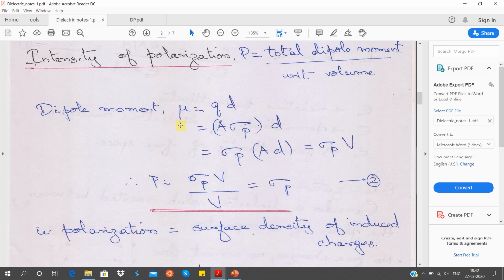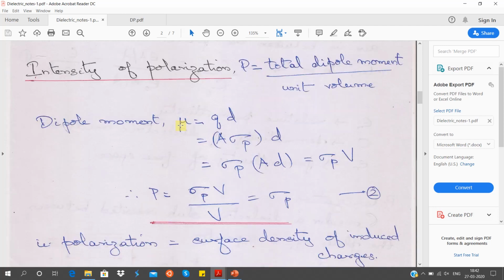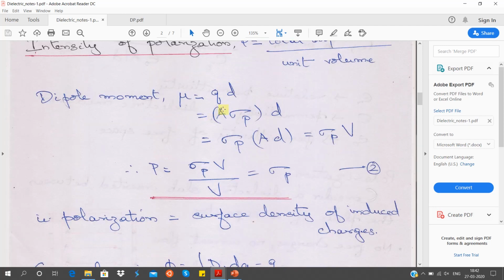Now further, I am going to consider the charge q as the area of the material times the surface charge density. Sigma is the surface charge density. I have given a suffix p for a particular reason, I'll come to that.